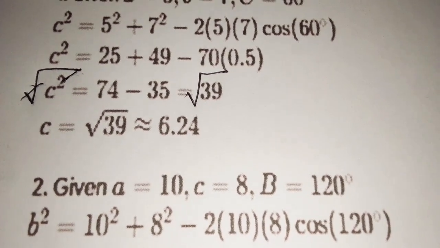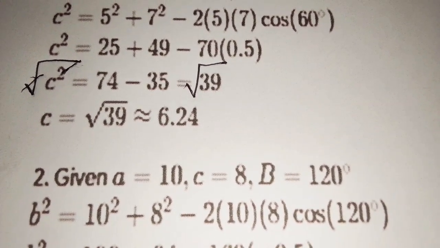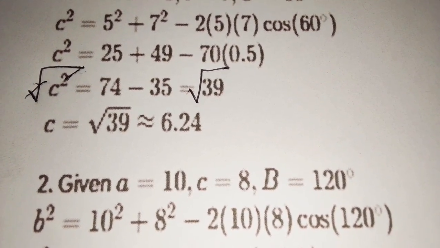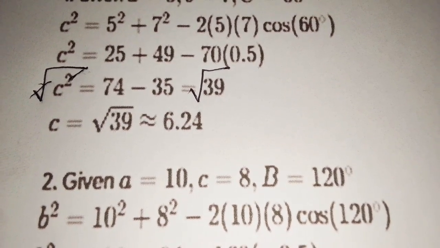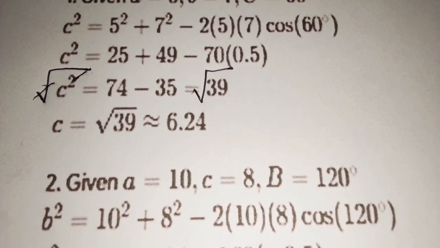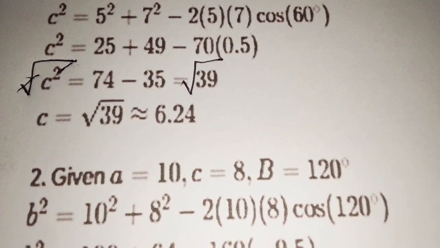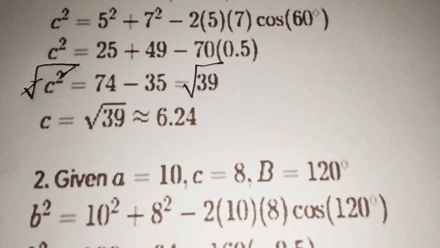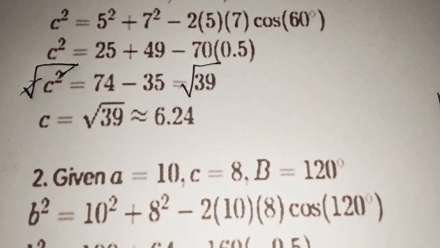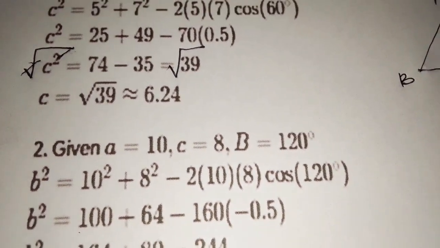Next, what if we have the given A is 10, C is 8, and B is 120. So again, you apply the formula. B squared is equal to A squared plus C squared minus 2AC cosine 120 degrees.